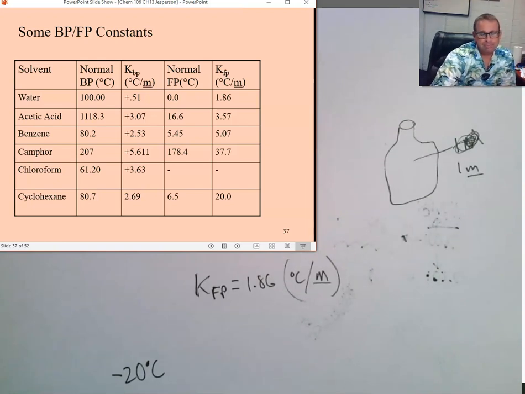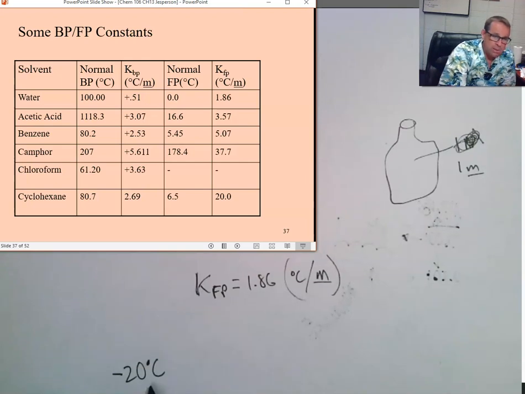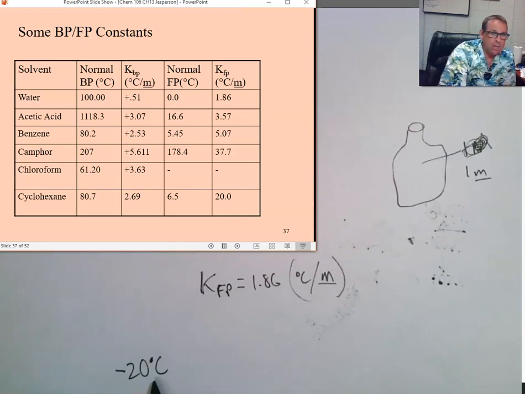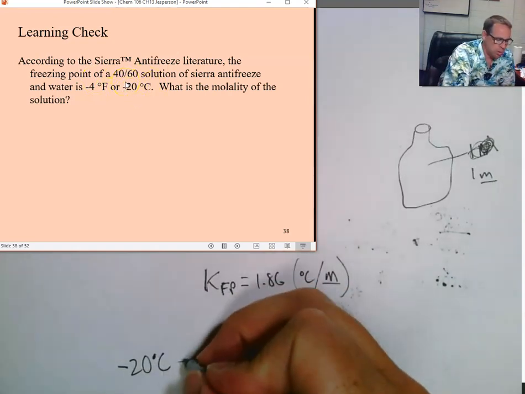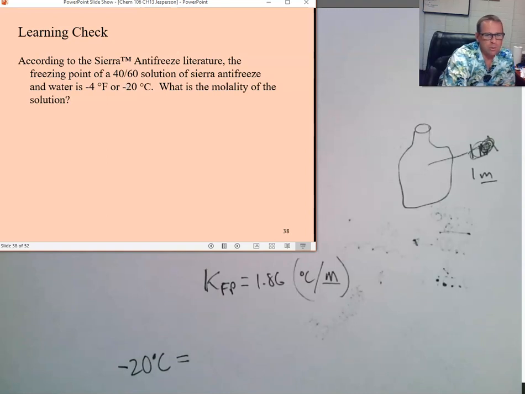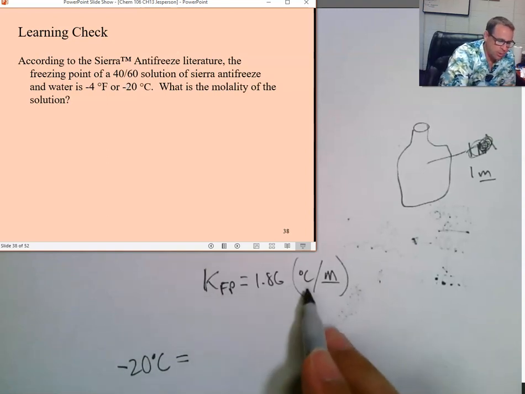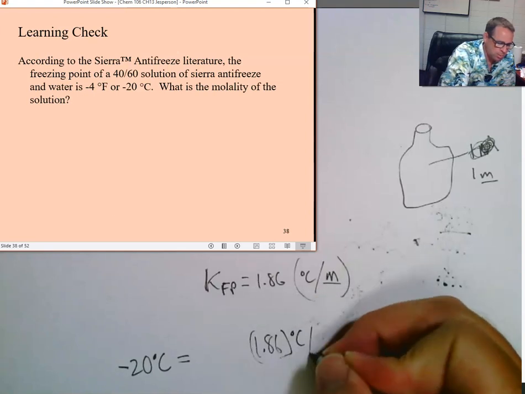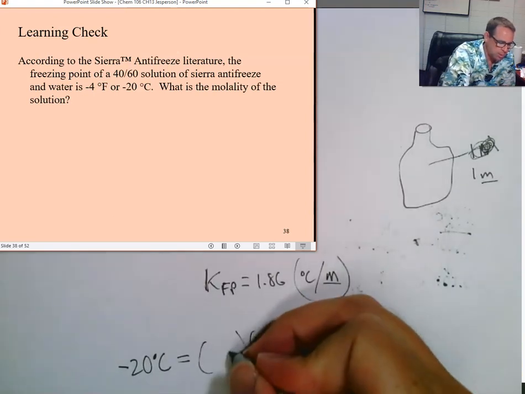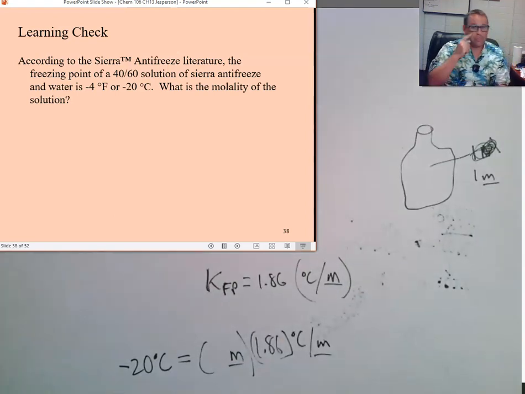So we have 20 degrees Celsius as our shift, right? It went from 0 down to minus 20. So 20 degrees Celsius is our shift, and that is the freezing point constant, 1.86 degrees Celsius per molal, times the molality.